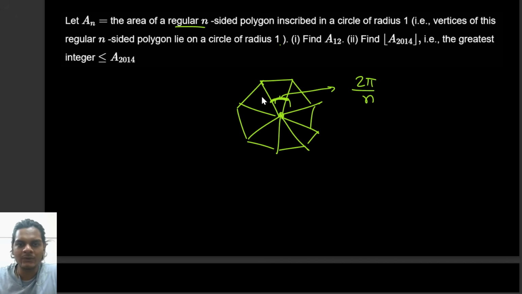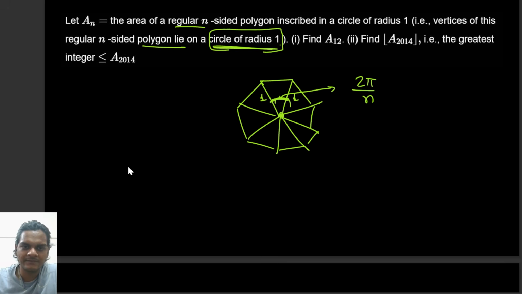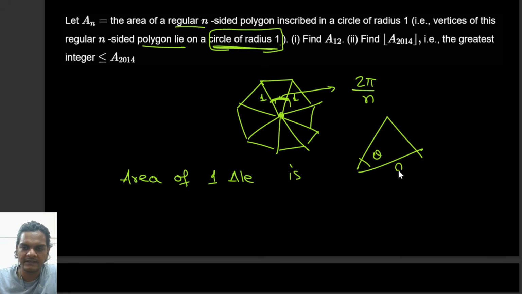Let's say the circumradius of this polygon is 1, it lies on a circle of radius 1. So the area of one triangle, if you remember, if this is theta, this is A, this is B, is 1 by 2 AB sine theta.